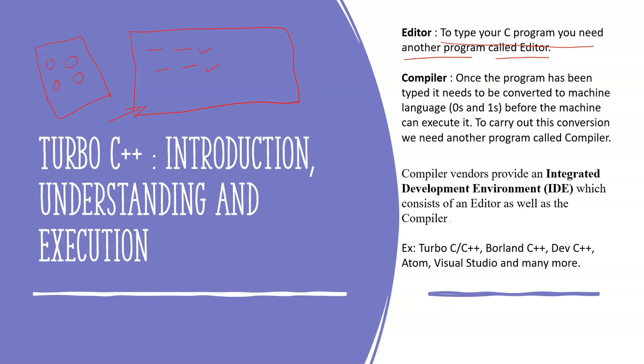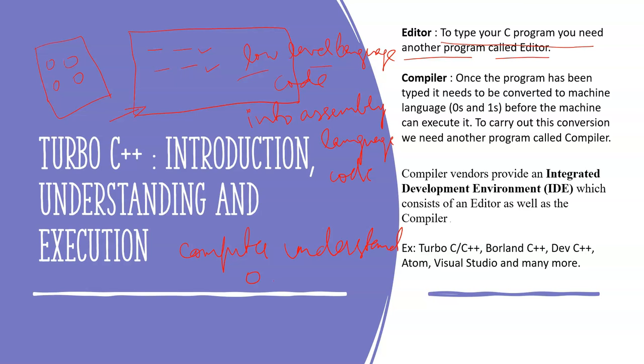Hence, a compiler is something which converts your high level language code into assembly language code. As I have already told you, the computer does not understand human languages. It only understands the language of zeros and ones.